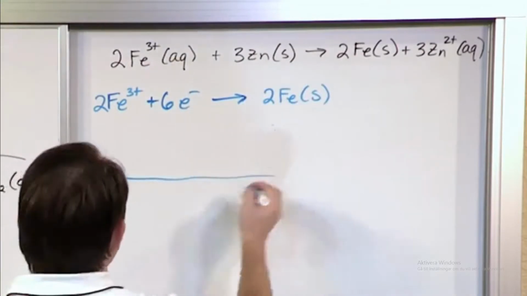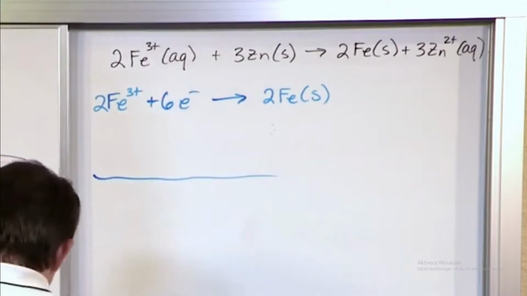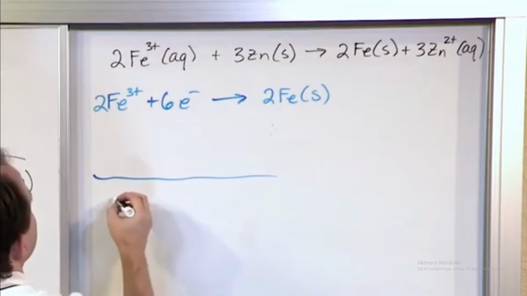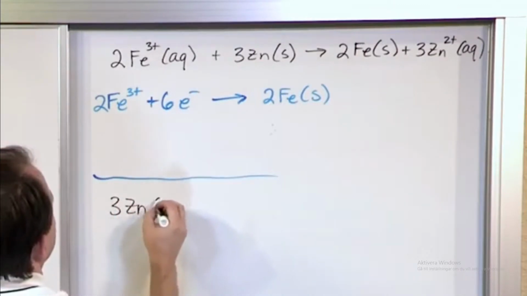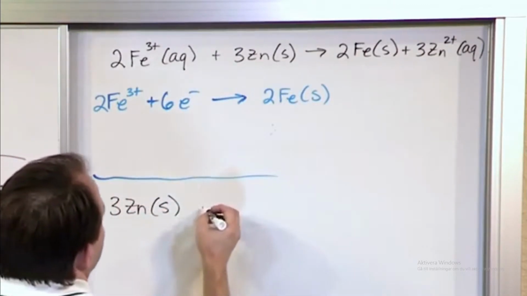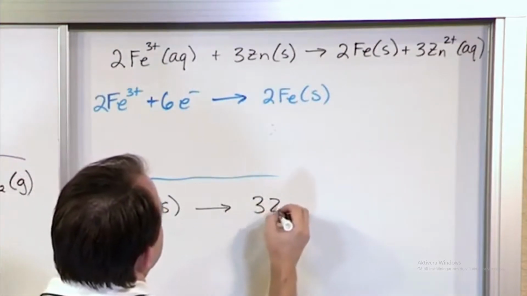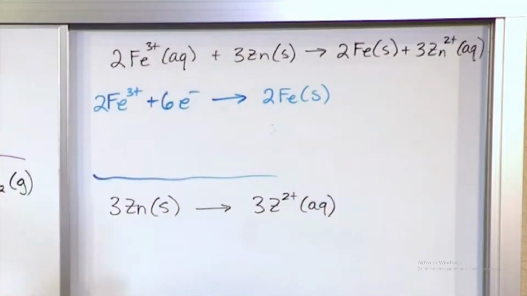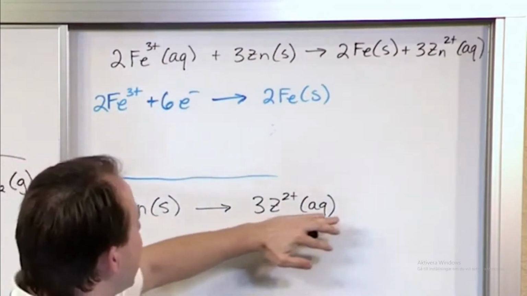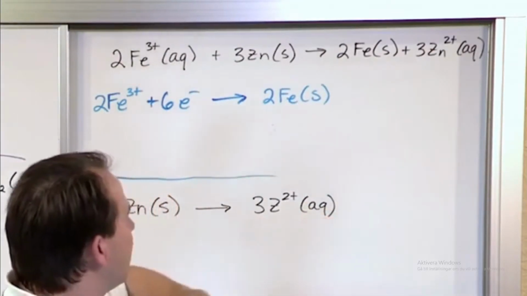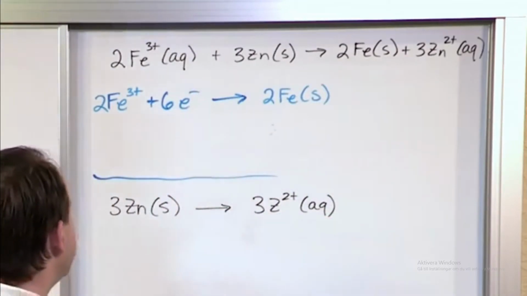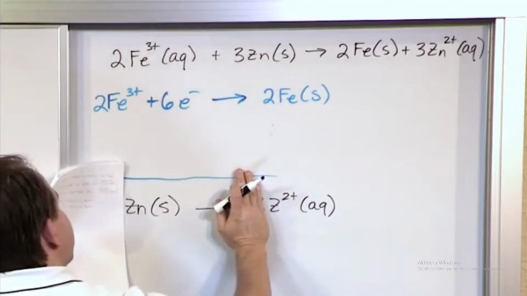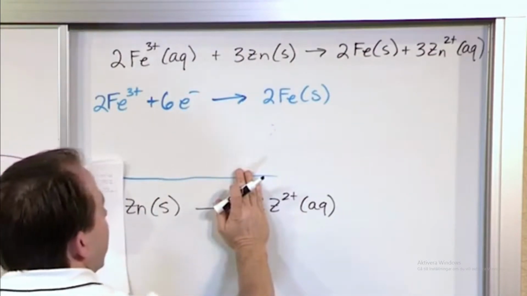Let me skip down a little bit and write down the other half reaction. So we did the one with iron, so let's go to zinc. 3 zincs, and that's going to yield 3 zinc ions. Where do the electrons go? Here I have a neutral atom, and here I have an ion of zinc that has a charge of +2. If I cover up the coefficients like this, I go from having a neutral 0 charge on zinc to a +2.